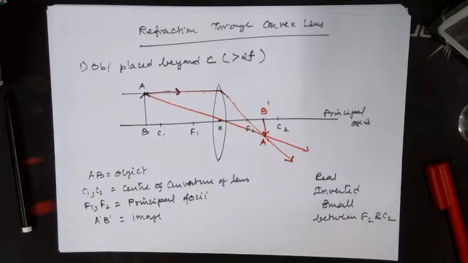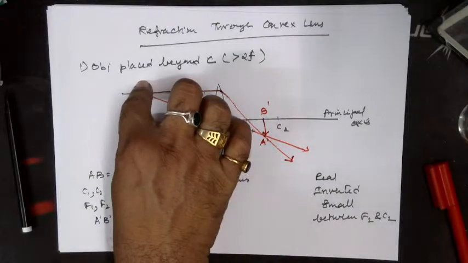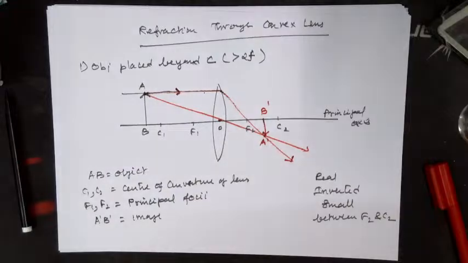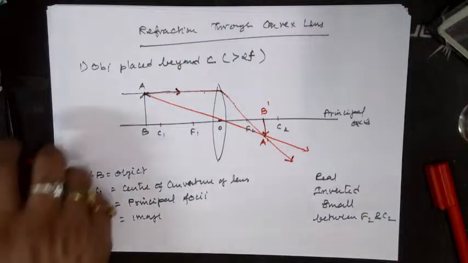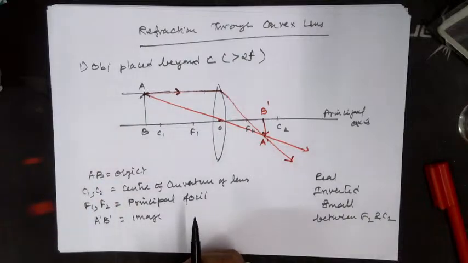Sir, is it magnified? It is not magnified. This is a bigger one and this becomes smaller. Actually, it is not always smaller. It should be the same when it is placed at C. But when it is placed beyond C, it is smaller.